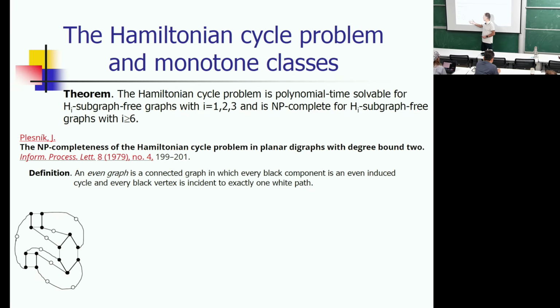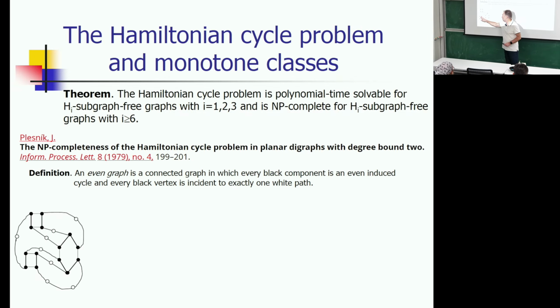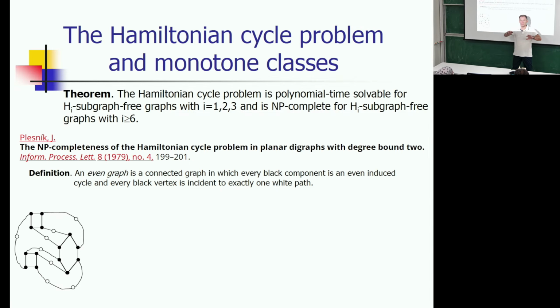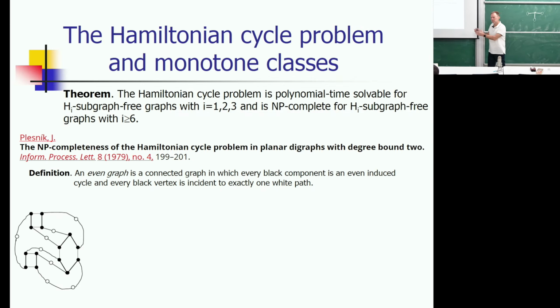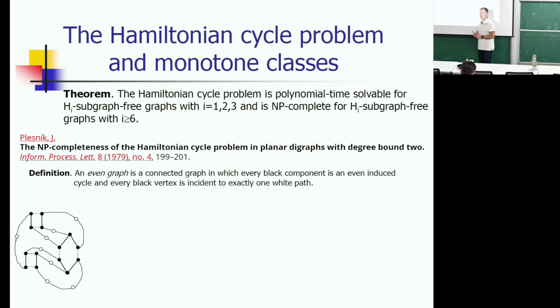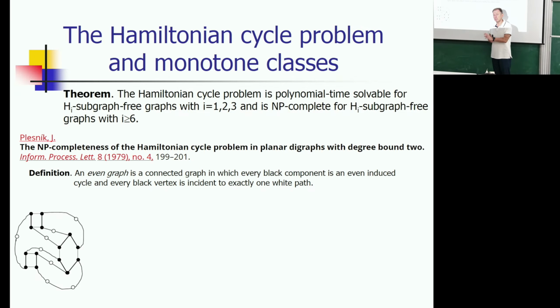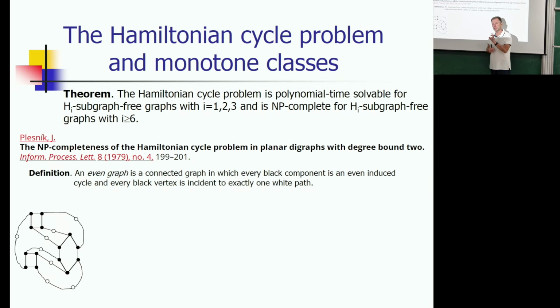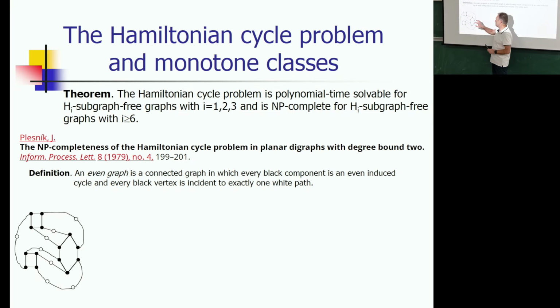And we have a small example. One black component, one more black component, one more black component, and they are connected to each other with white paths. What is interesting about even graphs? If an even graph contains a Hamiltonian cycle, we know that this Hamiltonian cycle contains exactly 1/2 of the edges in each black component.